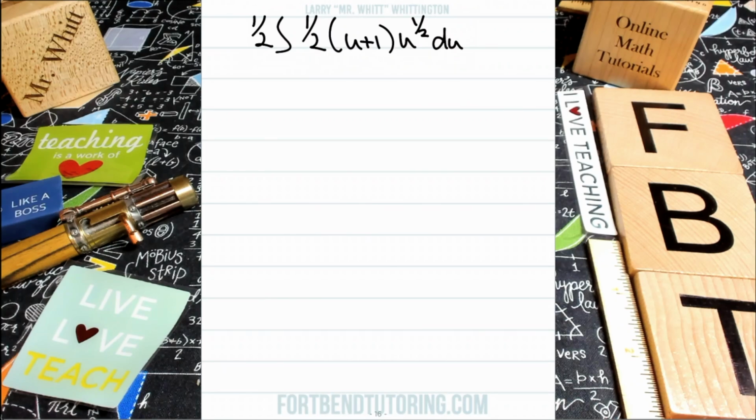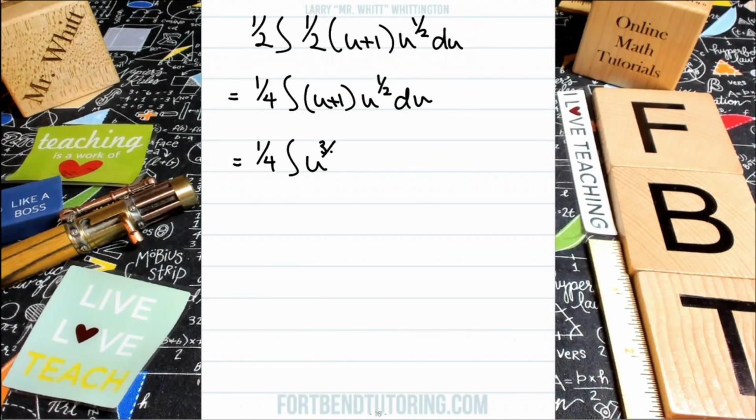Pulling that additional 1/2 in front of the integral symbol, you'll have 1/4 times the integral of (u plus 1) times u to the 1/2 du. We can distribute that u to the 1/2 within the parentheses. And when we do that, you'll have 1/4 times the integral of u to the 3/2 plus u to the 1/2 du.